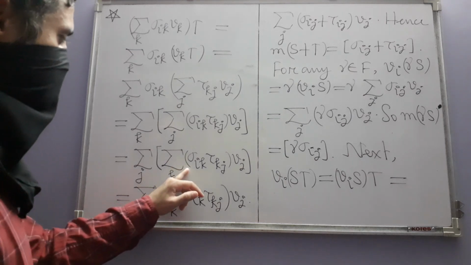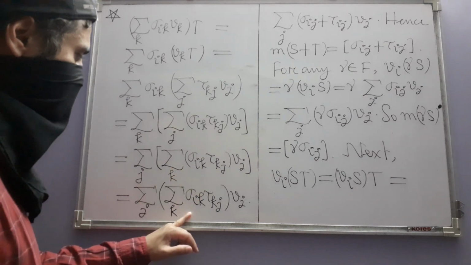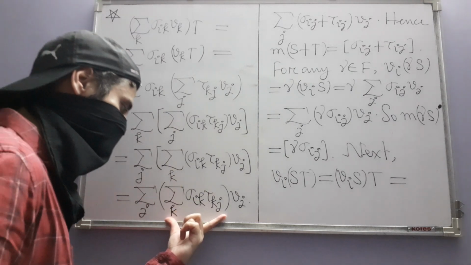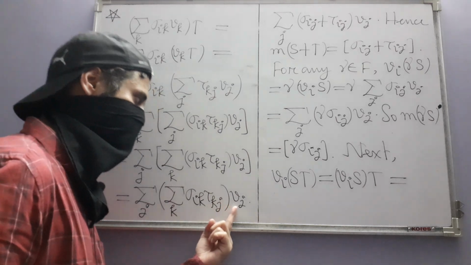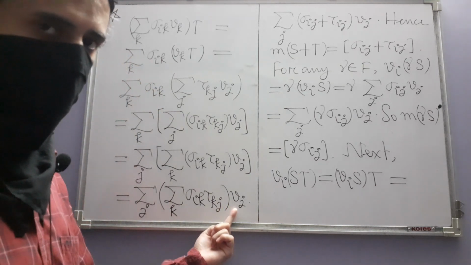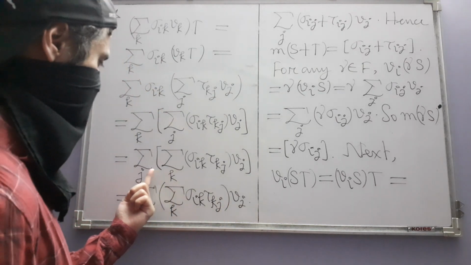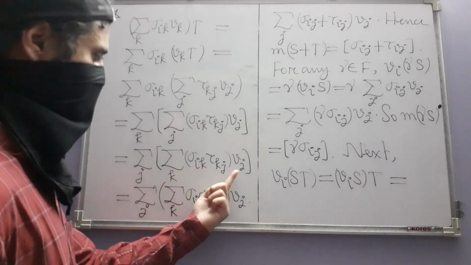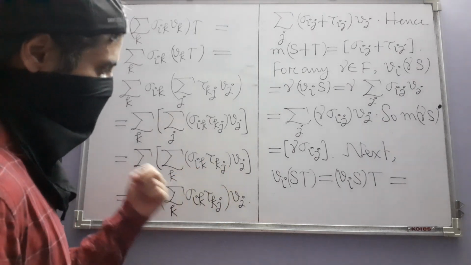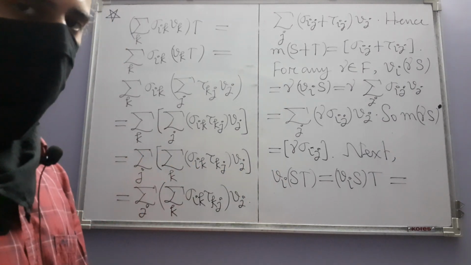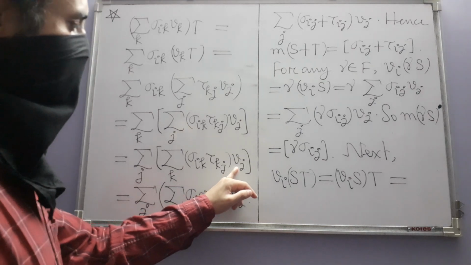See, the difference between this one and this one is that here this is the coefficient of Vj. So what I am trying to say here is that in the previous sum, there will be many such terms which all contain Vj.